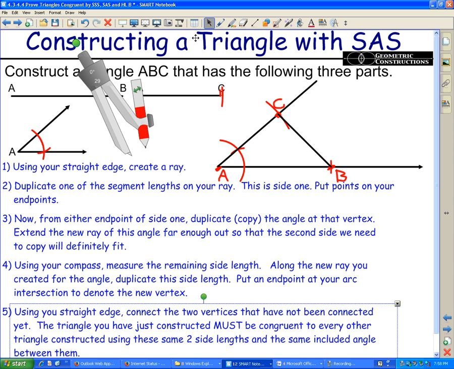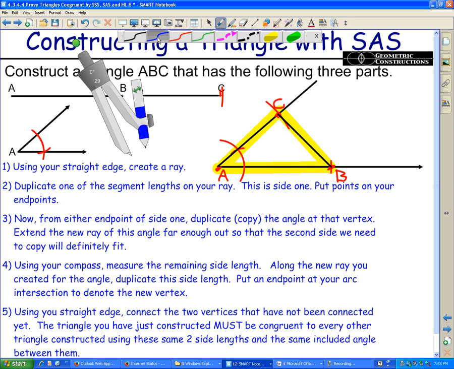Now remember, we built this triangle right here. We built this guy using 2 sides and an angle. To be a little bit more precise, we used segment length AB right here and the segment length AC right here, and then we used this angle right here.